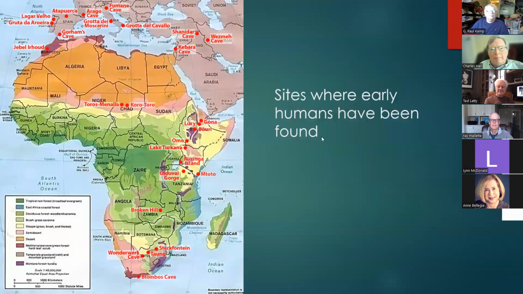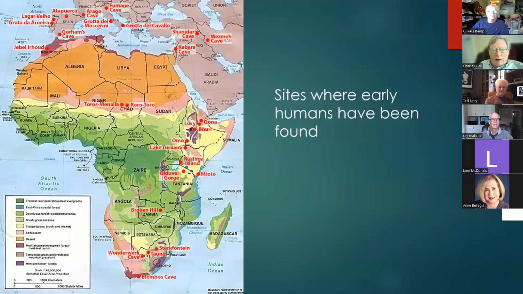Now, all of the early humans, very early humans, are found in East Africa. And there's just no question that our ancestors came from Africa. Later, much, much later, up in Europe around the Mediterranean, there are other areas where they found relatively early human remains, but most of them came from this area of Kenya that we know about.